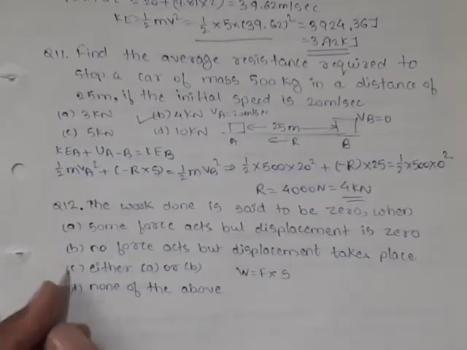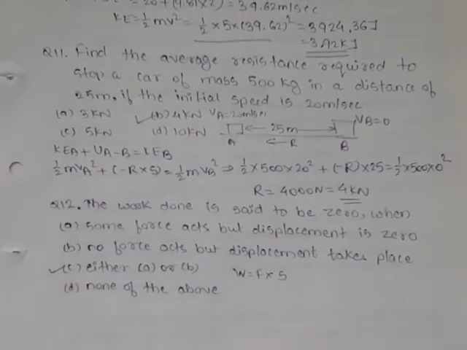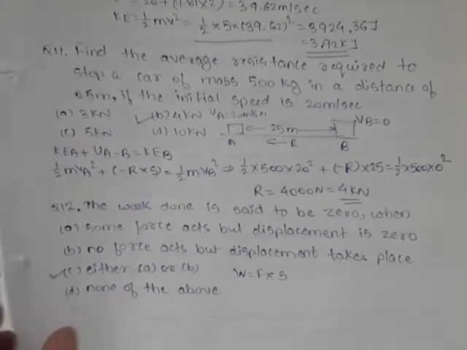So out of the 4 options, either A or B, meaning when force is there but displacement is 0, then work done is 0, and the second case is no force acts and displacement takes place, meaning F is 0 and S is there, again the value of W will be equal to 0. So for question 12, since either A or B, option C is taken.